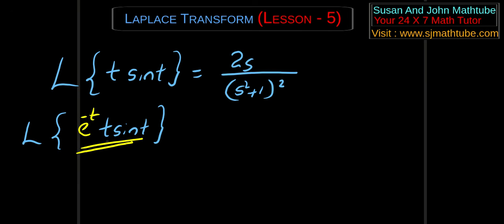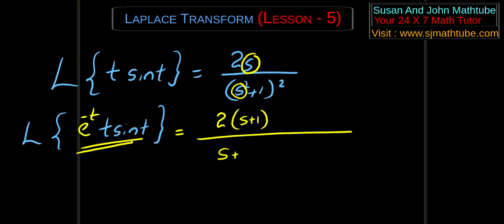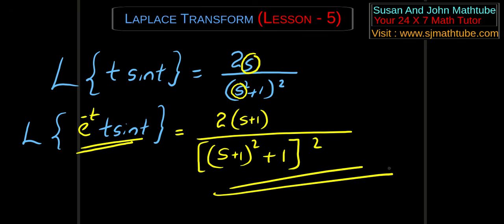I hope you understood the trick. Okay, and the property of e power tells me I should circle this s, not in your exam paper but inside your brain, and replace s with s plus 1. So the answer will be 2 into s plus 1 by (s plus 1 the whole square plus 1) the whole square. That's it. So I'll be back with more questions which they have asked in the exam.